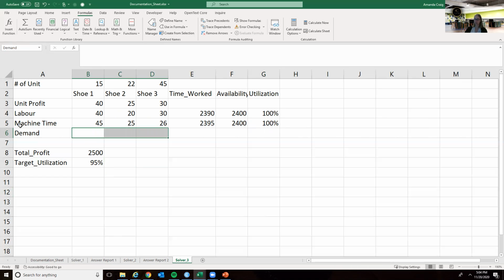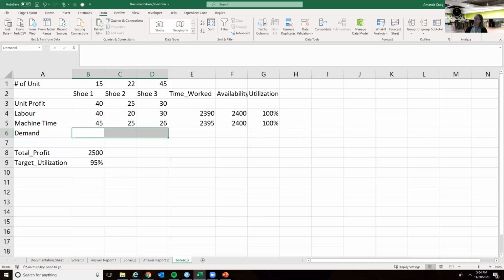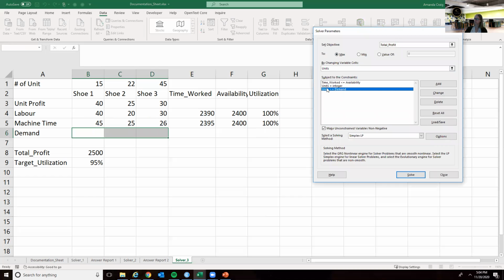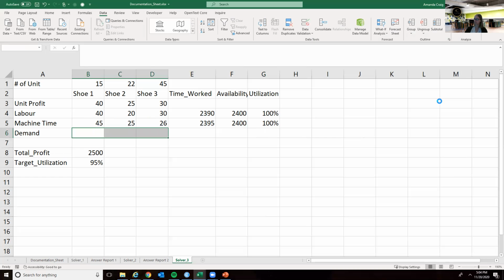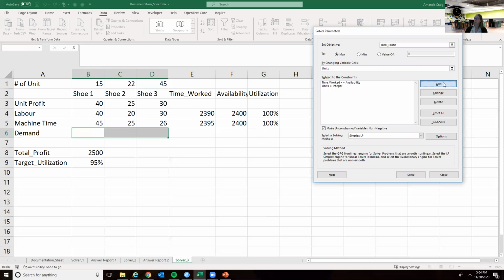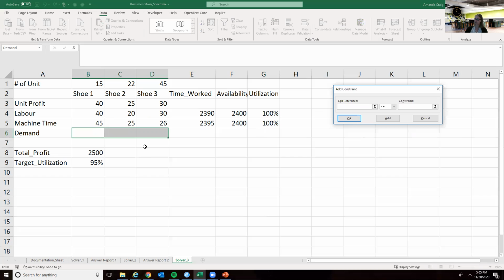I'm going to take out the demand because I'm going to assume that demand is irrelevant in this example. Go back to my solver under data, solver. I'm going to delete my constraint related to demand.